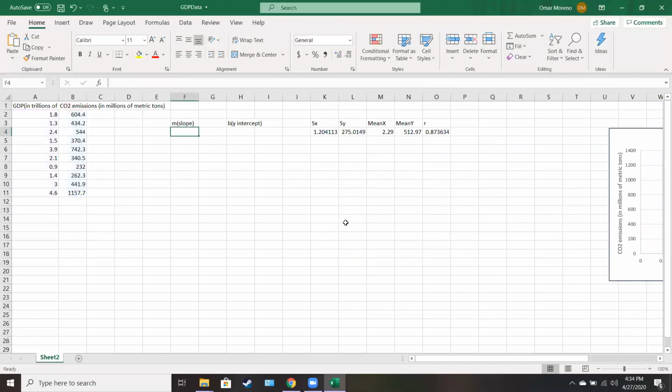From here, it's just a matter of going back to those previous equations for slope, sorry, not mean, slope, and plugging in everything correctly. So slope is going to be correlation times Sy divided by Sx, and you'll get 199 for the slope.